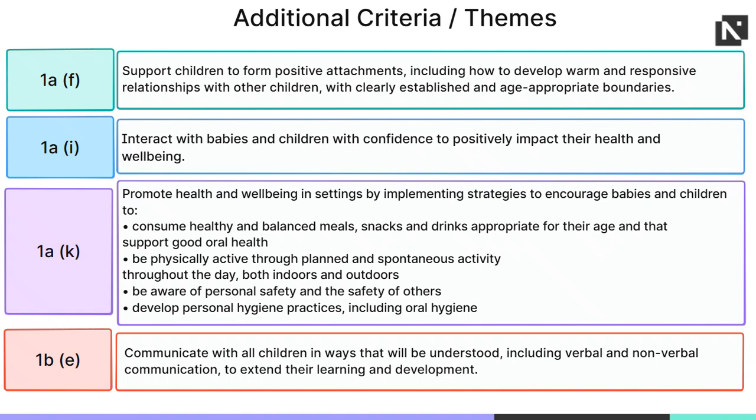For 1AK, promoting health and well-being, there were indicators of physical activity, safe use of equipment and opportunities for movement outdoors. 1BE, communicating in ways children understand using both verbal and non-verbal cues. This was evident through modelling language, tone, gesture and meaningful responses to the children during the activity.